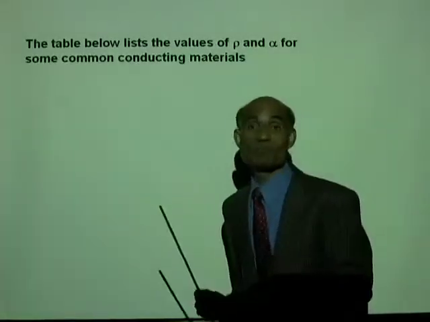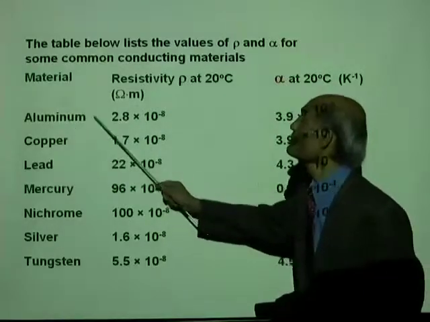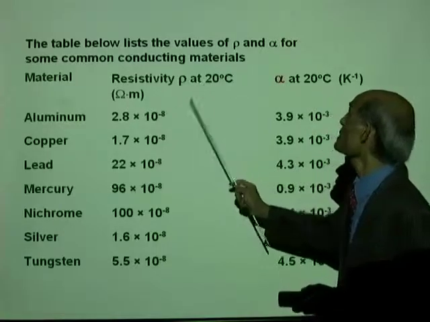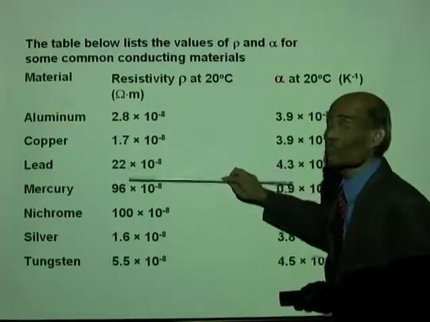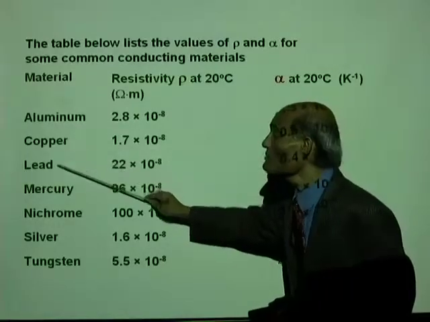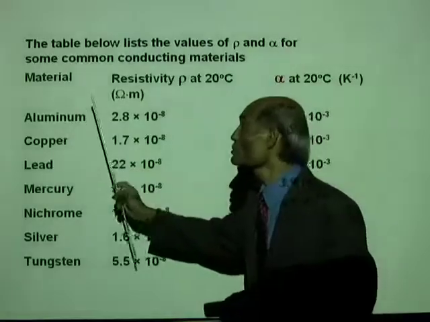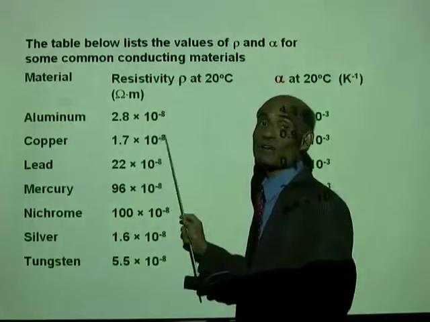Now, I have got some values of these which will be useful. I have given you the material and the resistivity at 20 degrees Celsius. These are the values of the resistivity of some common materials like copper and aluminum. They are the most commonly used conductors, so those values are important.